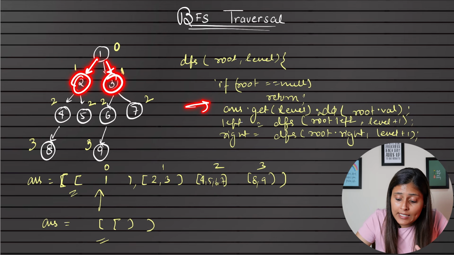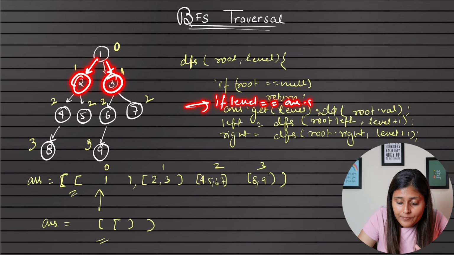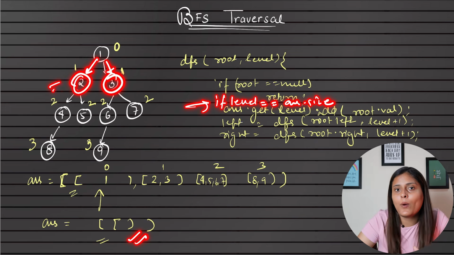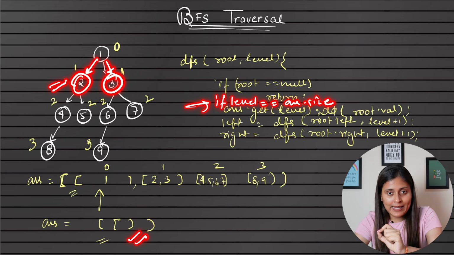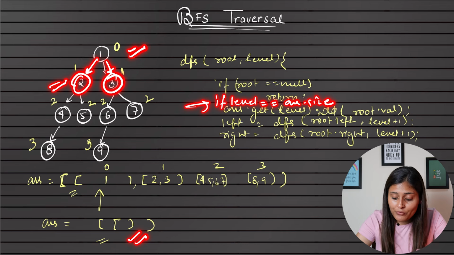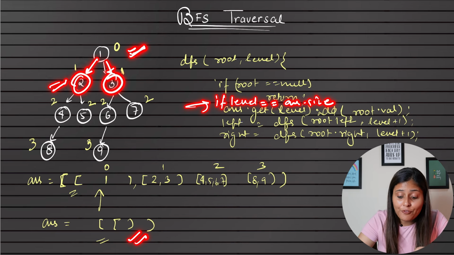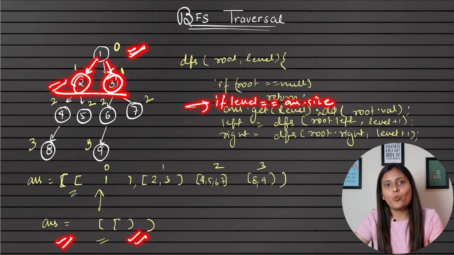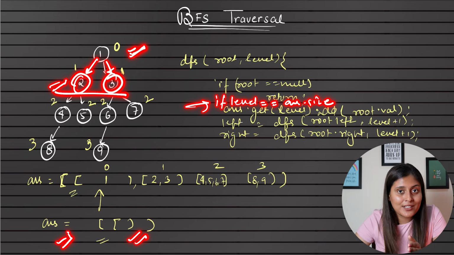Again I can say, is my level equal to answer size? Why answer size? Because currently the size is 1. Level is also 1. But as it is 0-based indexing, because we started with level 0, right? If my level is 1 and size is already 1, one more extra list we have to insert, correct?